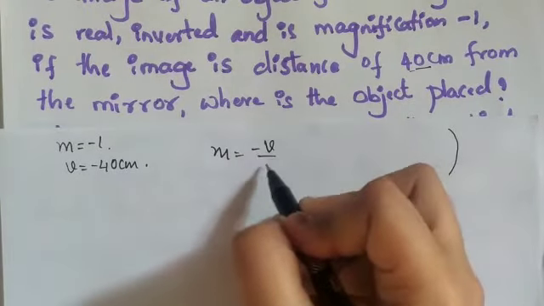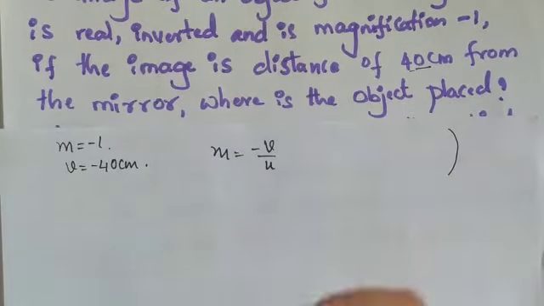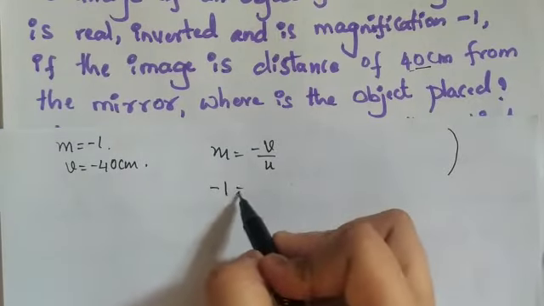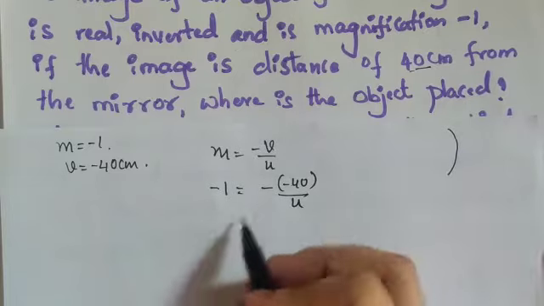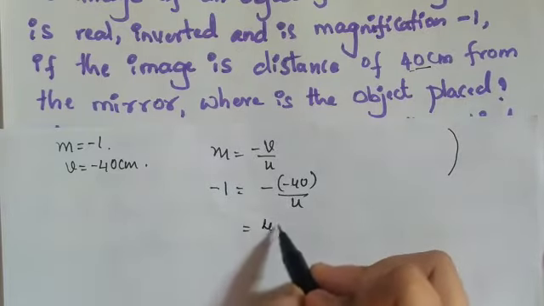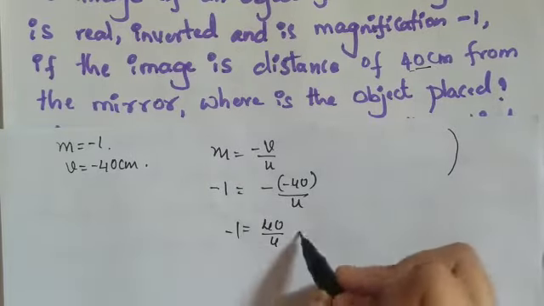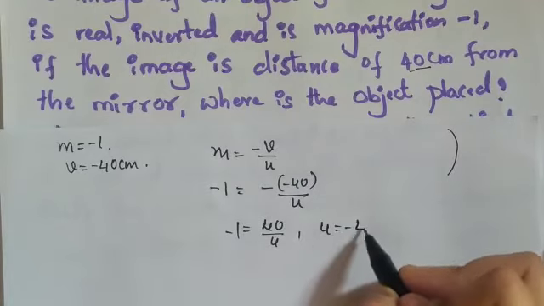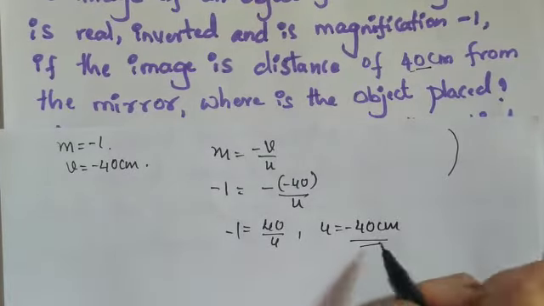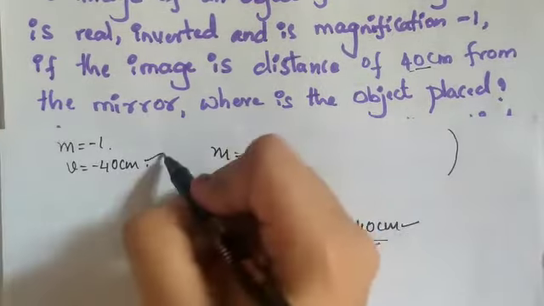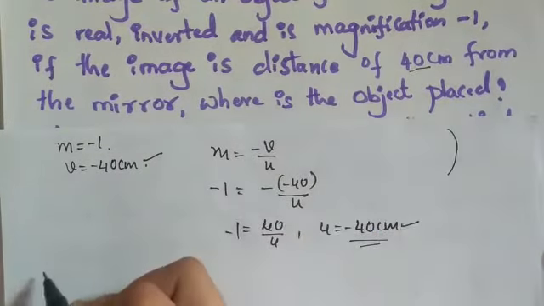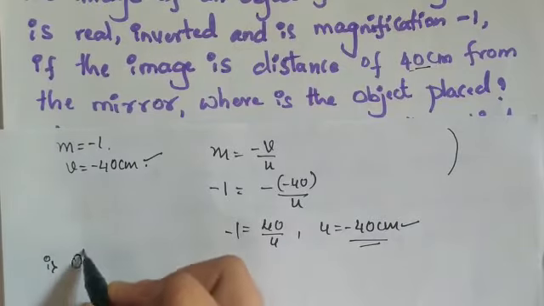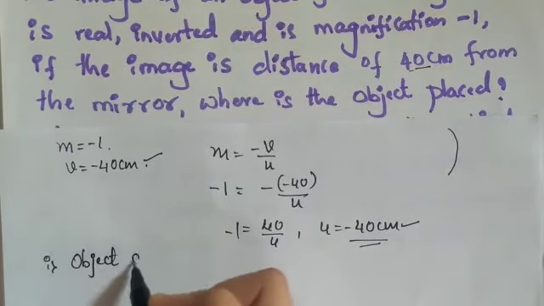M is equal to minus V divided by U. M is equal to -1, minus of -40 divided by U. So you get 40 divided by U equals -1. So the U value will be -40 centimeter. So when object and image are the same size, where is the object placed? For the first one, you take it as the object is placed at C.